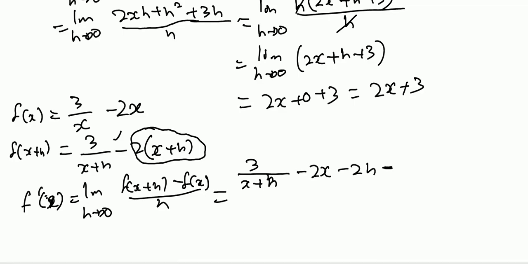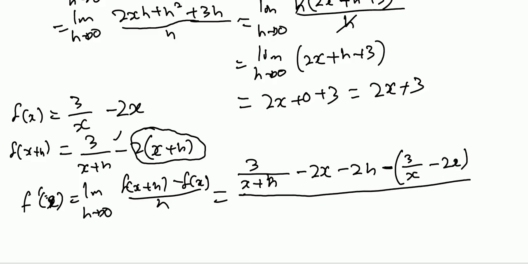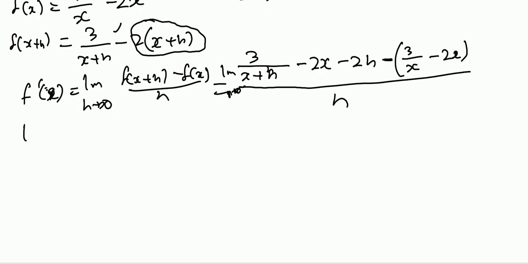Then we subtract our f of x, which is 3 over x minus 2x all over h. Don't forget to write the limit as h approaches 0. Then what is the next step?